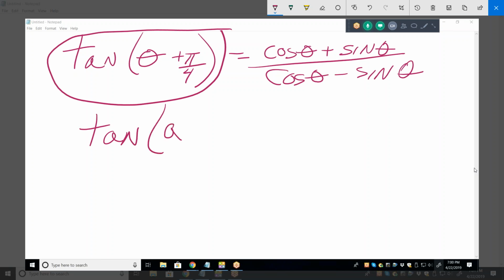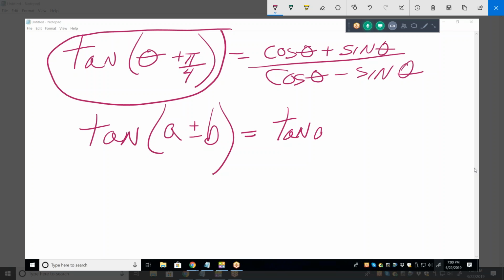We know we're looking at a sum and difference thing. What's that equal to? This is where I made a mistake. Isn't it tangent A, tangent B?